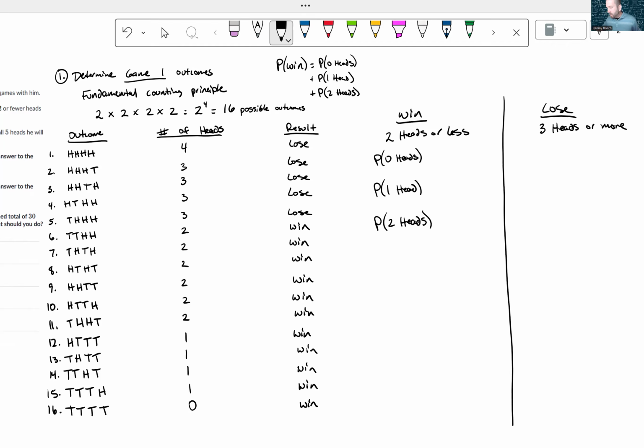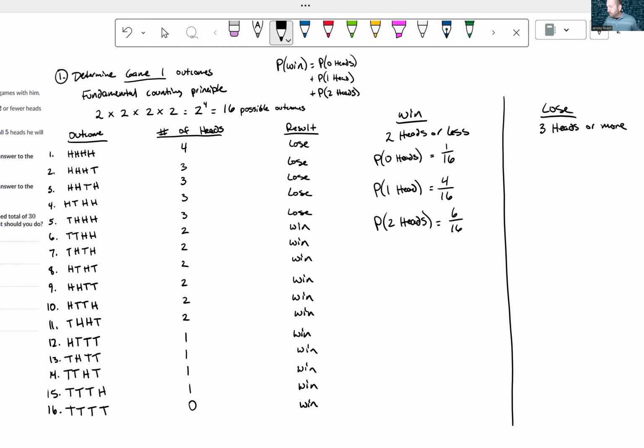So let's count all these up. The probability of zero heads is 1 over 16. For one head is 1, 2, 3, 4 over 16. And the probability for two heads is 1, 2, 3, 4, 5, 6 over 16. And I'm going to show you how to do this with combinations in a second.